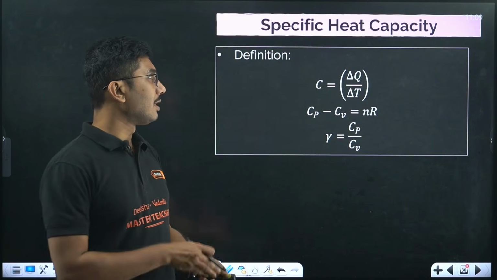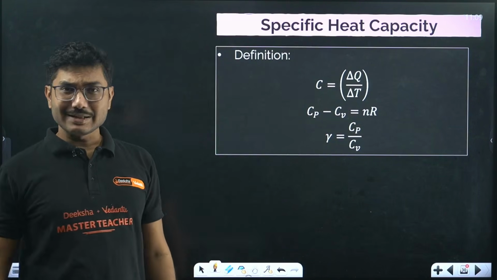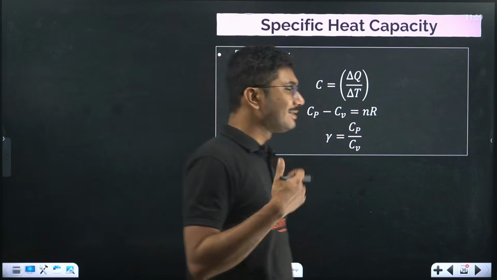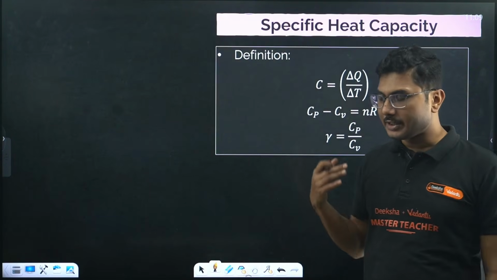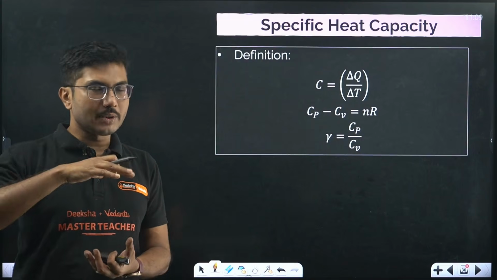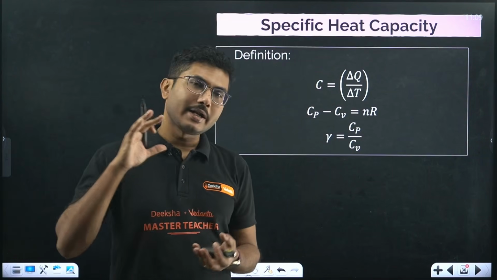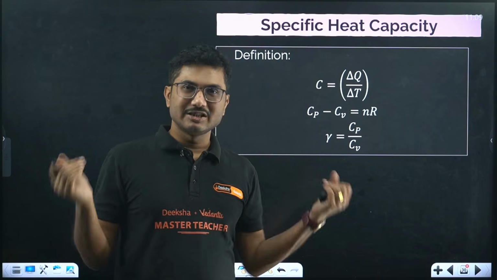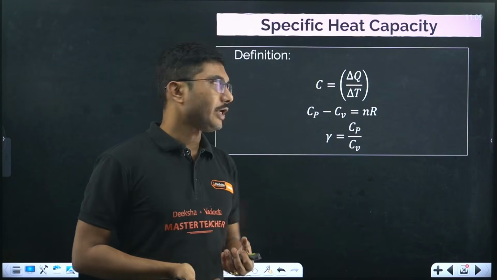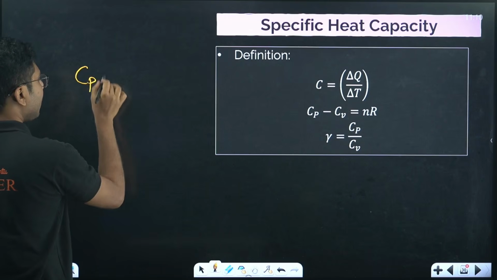So what is Cp and Cv? For gases, you can increase its temperature by keeping its pressure constant or by keeping its volume constant. You can keep the volume constant, give some heat into it, and the gas increases in pressure and temperature. So basically Cp means constant pressure.